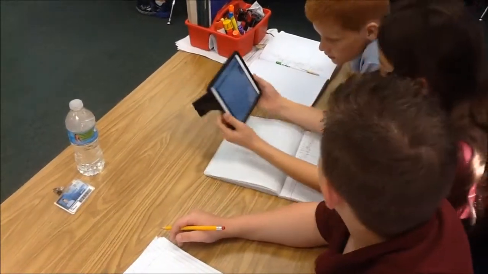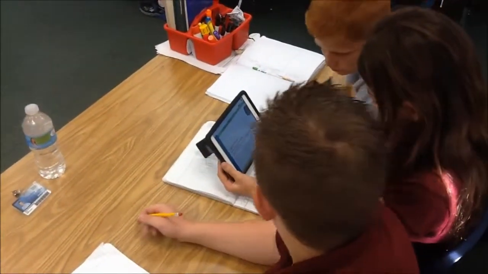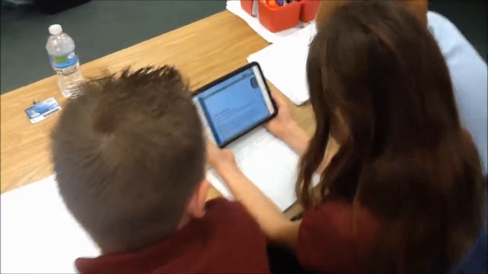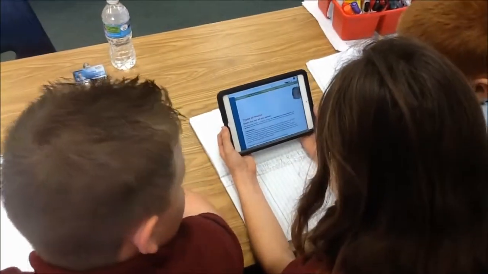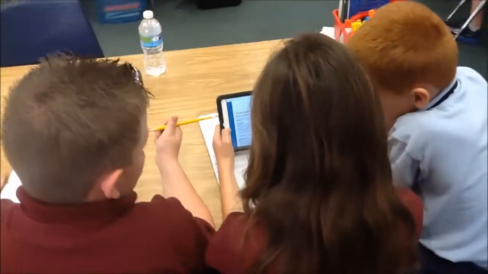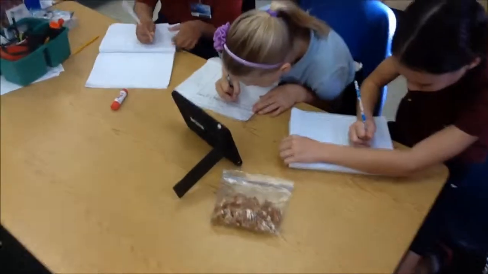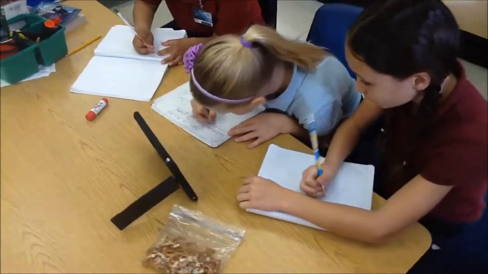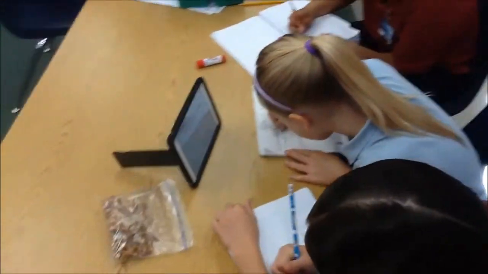Okay, igneous rock, metamorphic rock, and sedimentary rocks are formed. If you put it that way, place it in the middle so all of you can see. There we go.